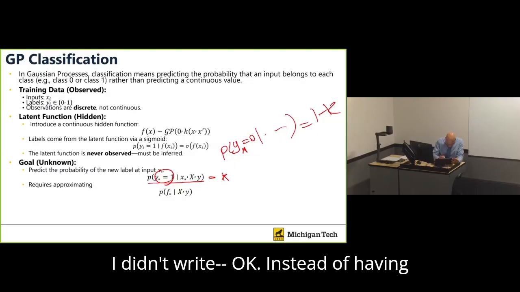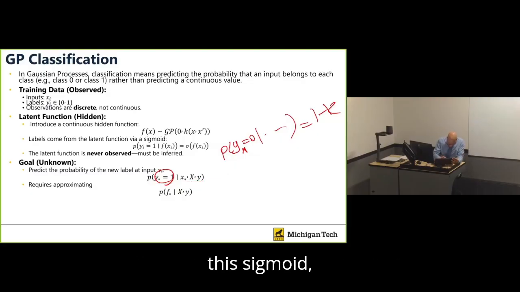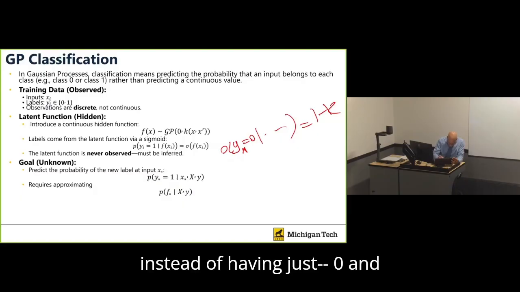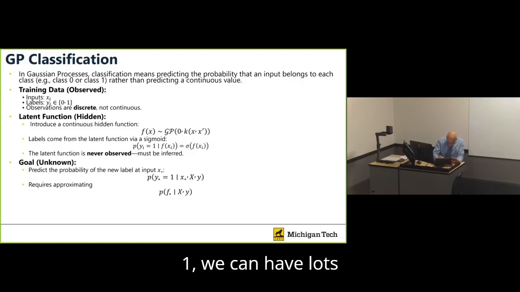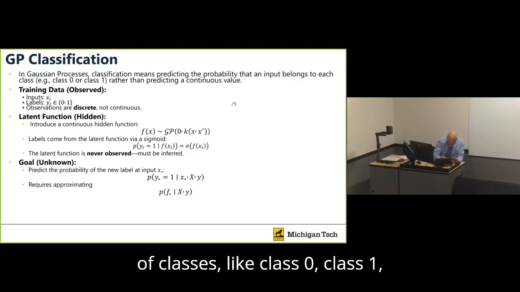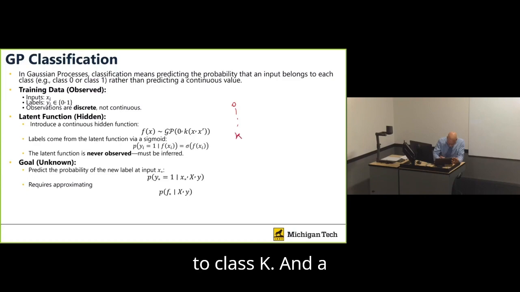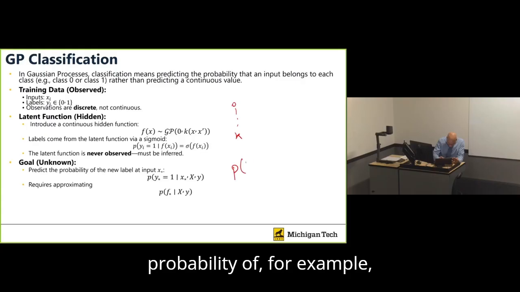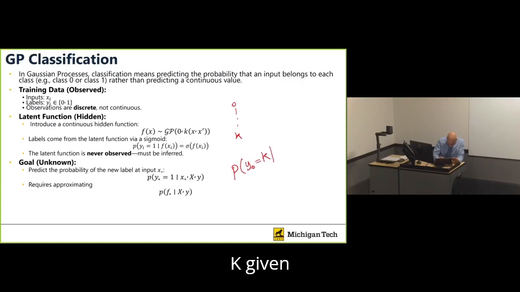Okay. Instead of having this sigmoid, instead of having just 0 and 1, we can have lots of classes like class 0, class 1 to class k. And the probability of, for example, here y star being class k given x star, x and y.